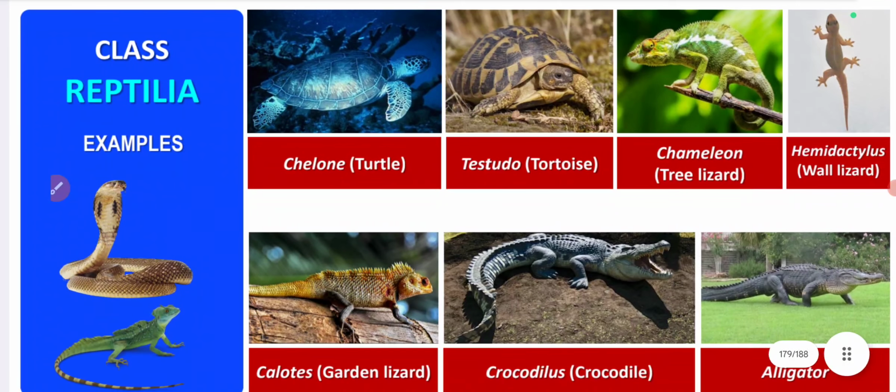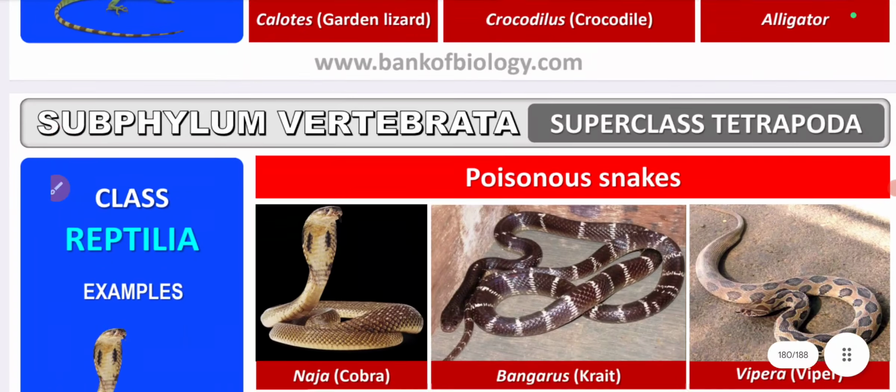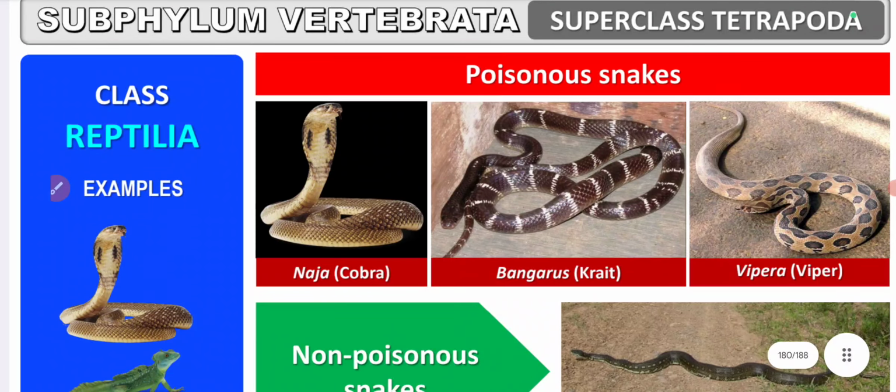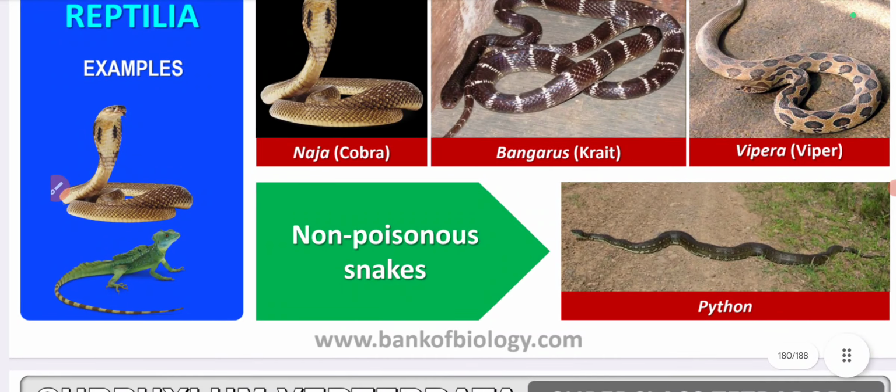Some examples: Chelone, turtle; Testudo, tortoise; Chamaeleon, tree lizard; Hemidactylus, wall lizard; Calotes, garden lizard; Crocodilus, crocodile; Alligator. Some other examples: poisonous snakes are Naja, cobra; Bungarus, krait and Vipera, viper. Non-poisonous snake is Python.